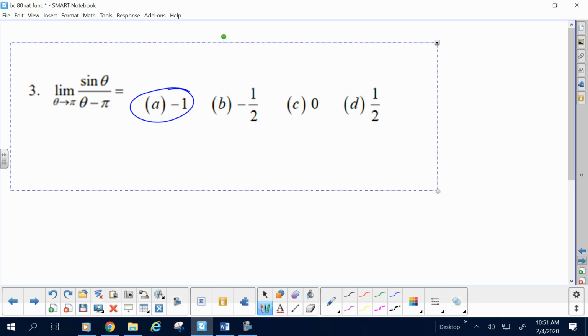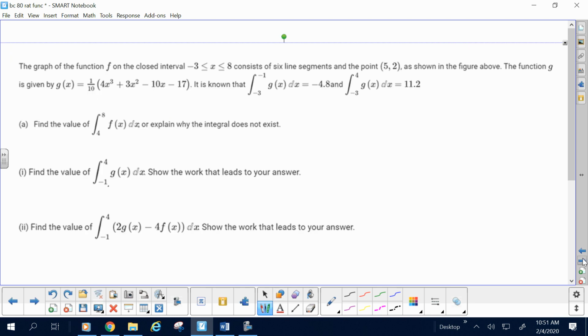4, whatever the next one is. A was 7/2. B is 16. Oh, sorry. C is 36.